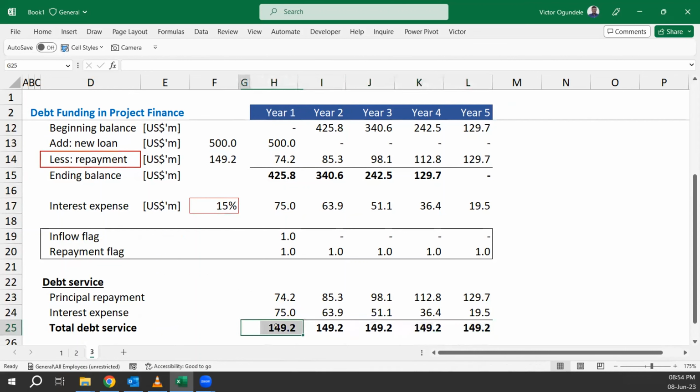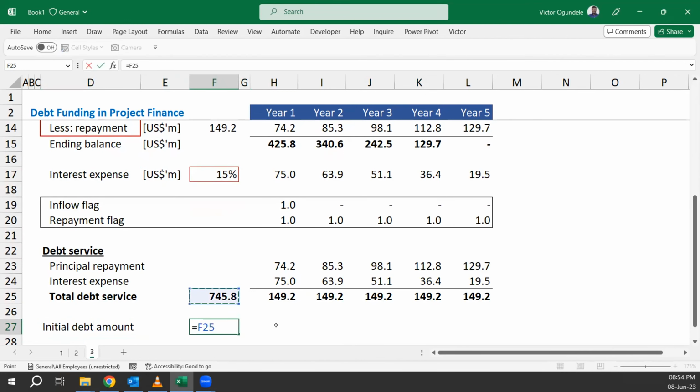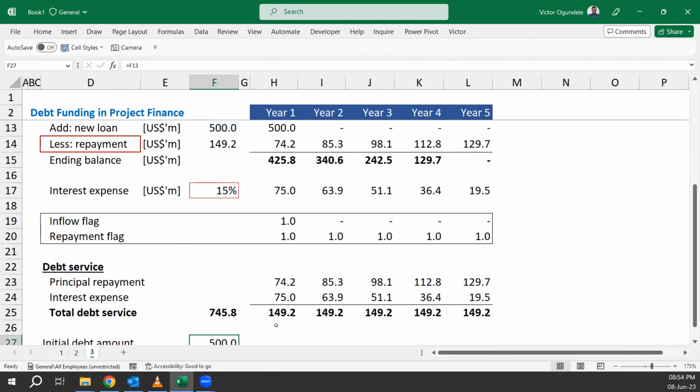So you can see that our debt service is constant. It's the same thing. So if I sum this together, let's take a look at this. So we got our debt of how much? Let me put it here. So our initial debt amount was $500 million, right?